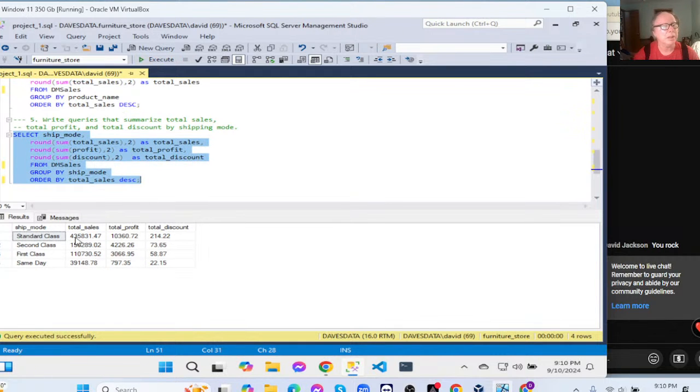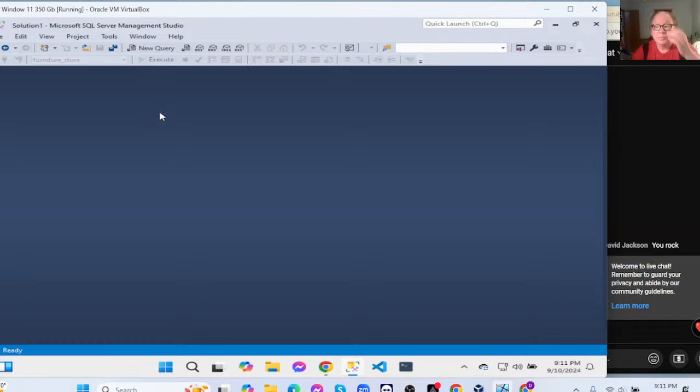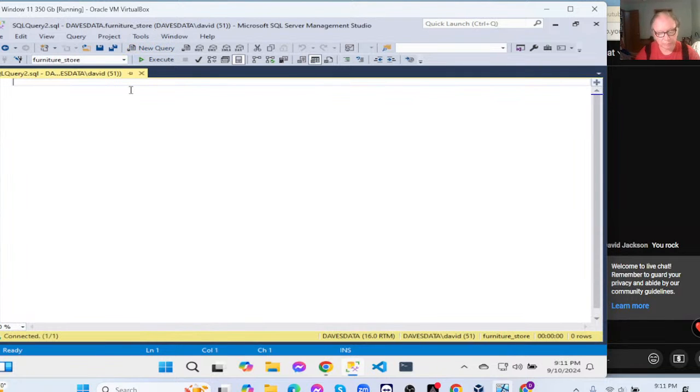Let's see how this works. And which ship mode has the most money? So the standard class. Interesting, I'm not sure what the difference between standard and first class is, or same day. Let's save this, close this.